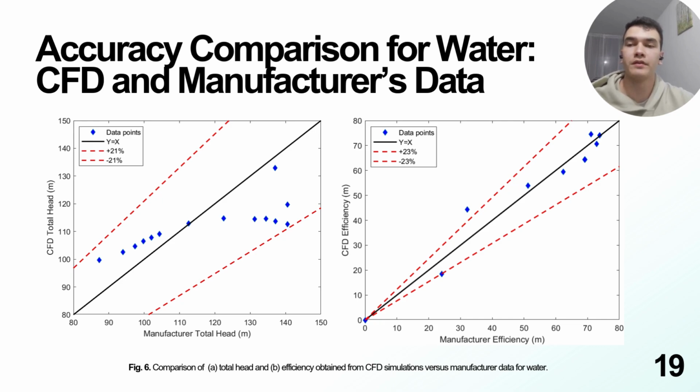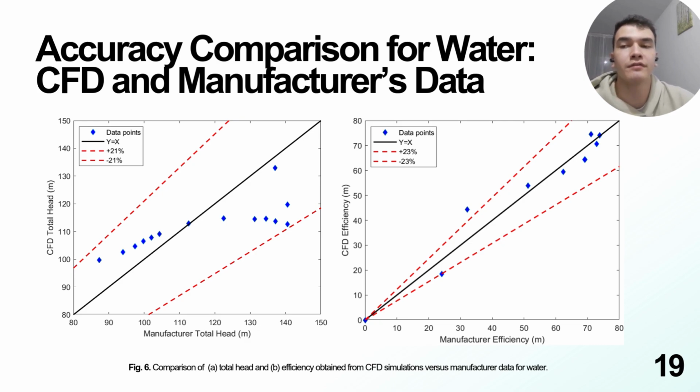In order to compare the results obtained from CFD with experimental data provided by the manufacturer, Figure 6 was constructed. In this figure, the alternative lines represent the minimum square error for each parameter. The errors were relatively high, with values of 21% for total head and 22% for efficiency.